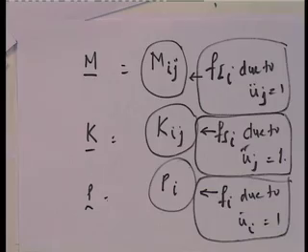You see how we are slowly building up the blocks to come to it, and from here on out all I am going to do is find out M i j, K i j, P i, and that is all. I have got my mass matrix, stiffness matrix, P matrix, and then I have got my equation of motion, which is given by M u double dot plus K u is equal to P, and so I have got my differential equation which I will then solve.